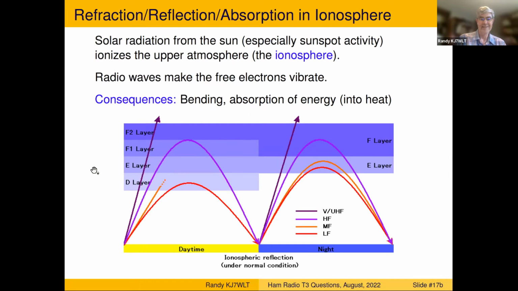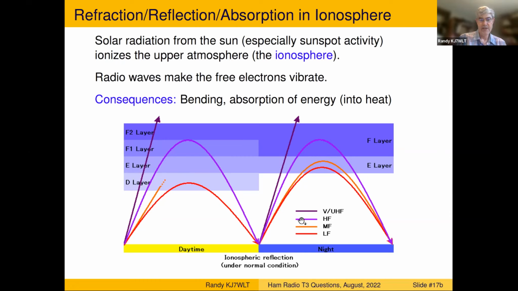There's more ionization during the daytime because it's solar radiation primarily that's causing the ionization. So that's important to remember. You have a much bigger ionosphere layer in the daytime than at night, and you get stronger reflections, perhaps. So they can bend the radio wave to such an extent that they actually end up coming back down to Earth, and you can, in that way, contact someone who's very far away.